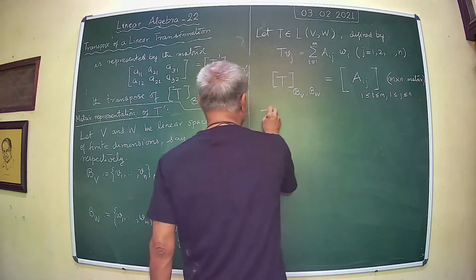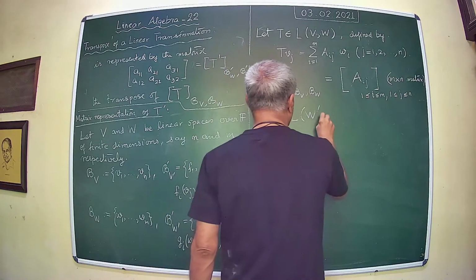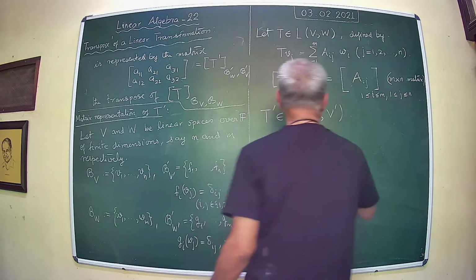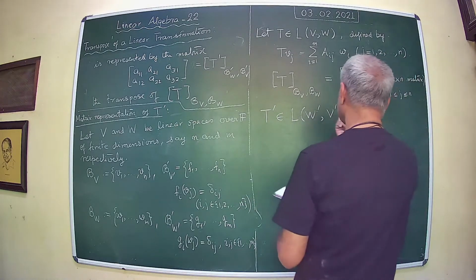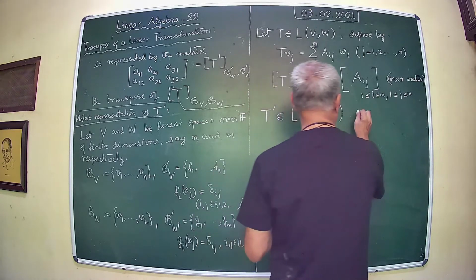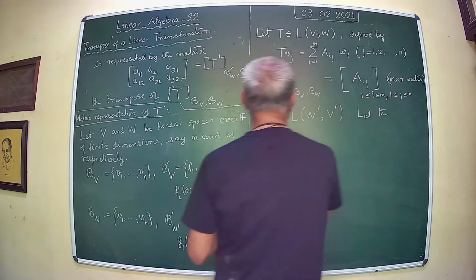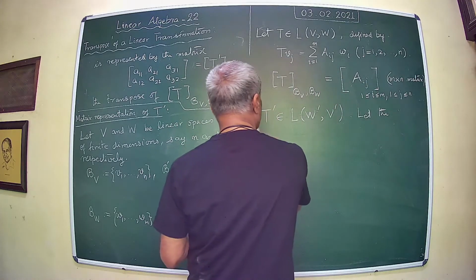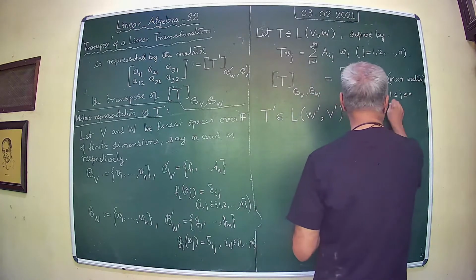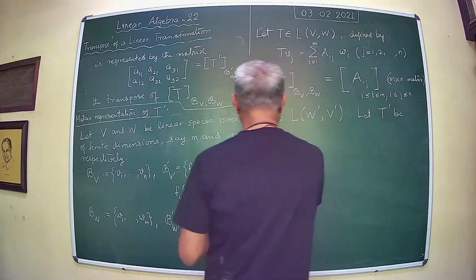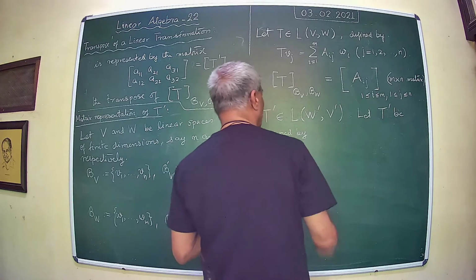Now, as we have seen, T prime belongs to L(W prime, V prime). We know that it has a representation like this. So let the matrix representation of T prime be defined by what you have.